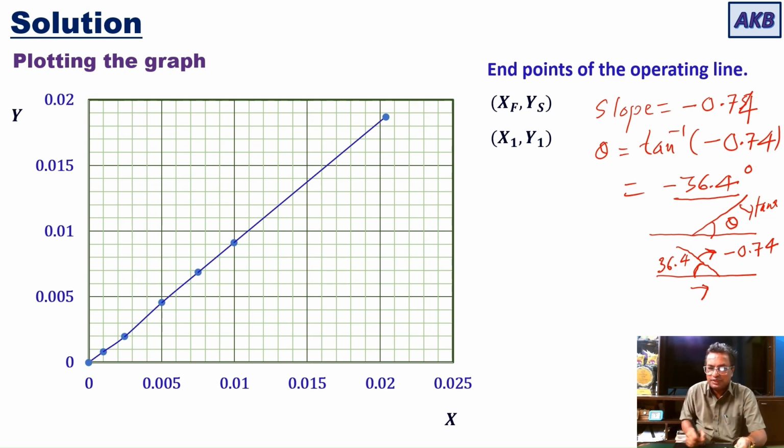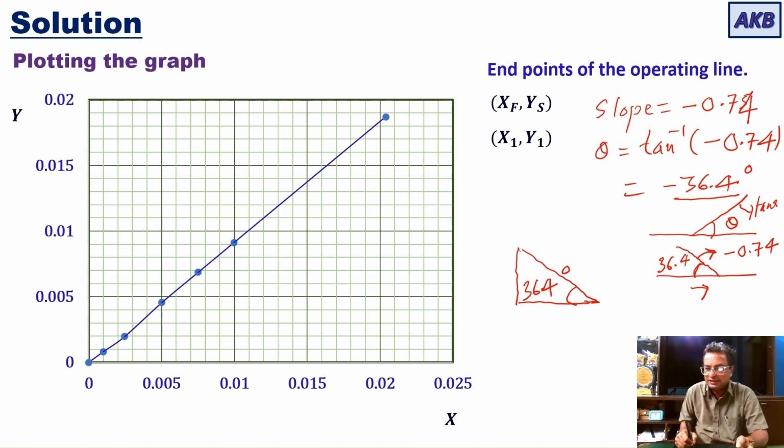So we will do that. Now my aim is to plot an operating line where this angle is 36.4 degree. So what I will do is use the definition of tan theta.